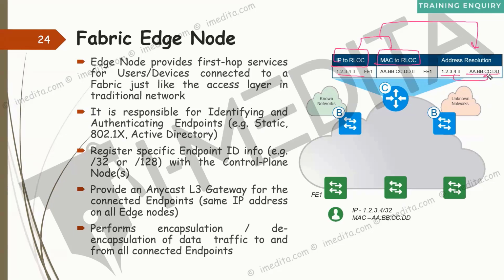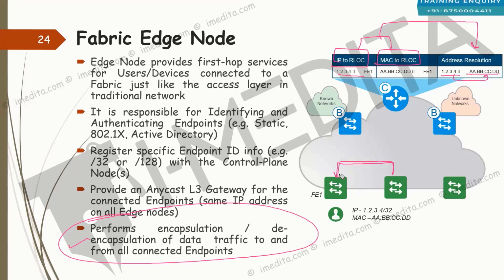Register endpoint information to the control plane node. Perform encapsulation and decapsulation of the data when the traffic is sent and received. Whenever the traffic is sent out of the fabric edge node, it will be encapsulated. When the traffic is received on the fabric edge node, it will be decapsulated.